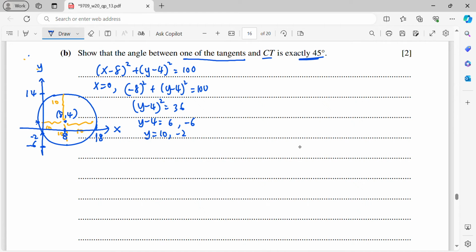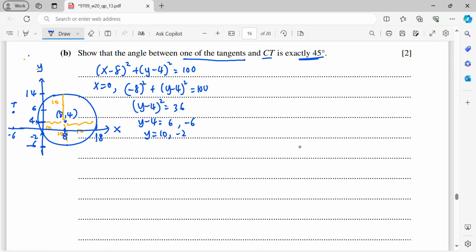Probably your T is somewhere here, with coordinates (minus 6, 6). Just a rough work to get the picture.